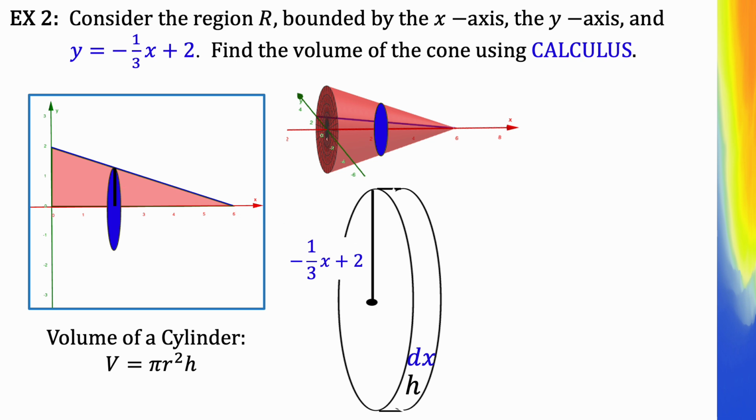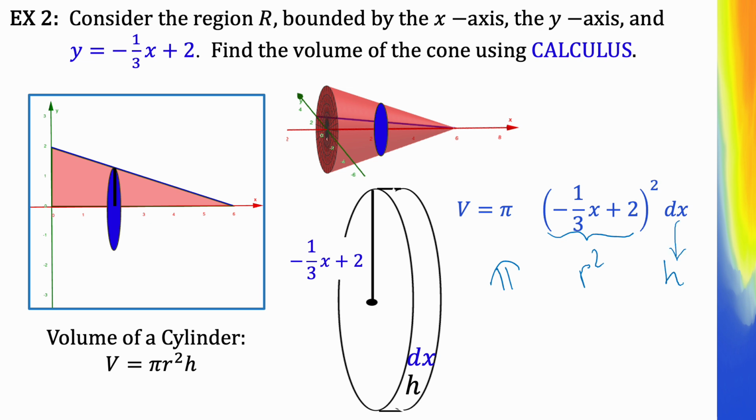And the height of the cylinder is however wide it is, the change in x, or dx. So the volume of that little cylinder is pi, and then r squared times the height. My r, again, is the height of the function, and the dx is the height right there.